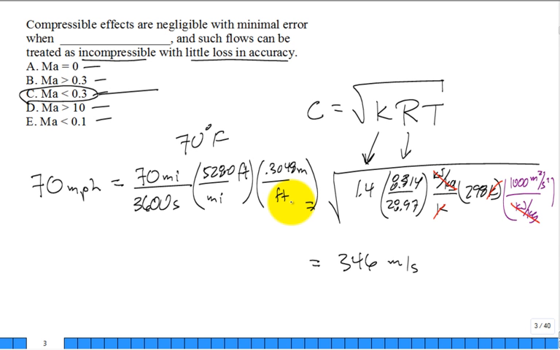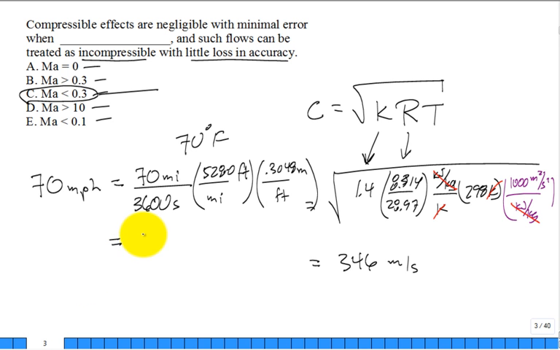How do you do the meter and feet conversion? Let's look it up. Did they have it on the front of the textbook? 0.3048 meters, yep. So 70 miles per hour is how many meters per second?